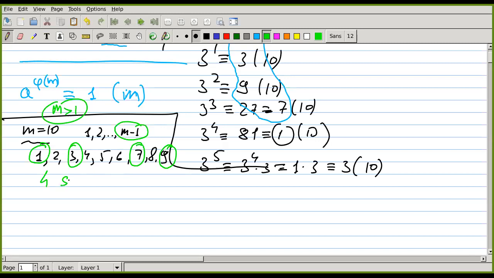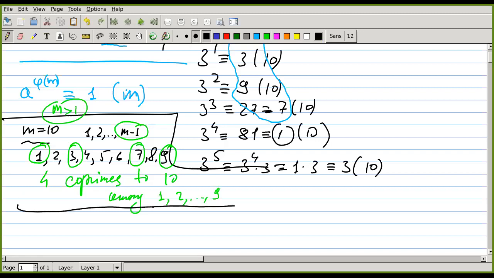So we have 4 such numbers, 4 co-primes to 10 among the numbers from 1 to 9. And what if I consider, say, 9? For 9, I have 1, 2, 3, 4, 5, 6, 7, 8. As above, 1 and 8 are co-prime to 9. It is quite clear. What else?